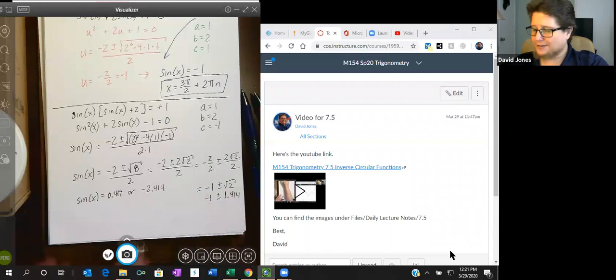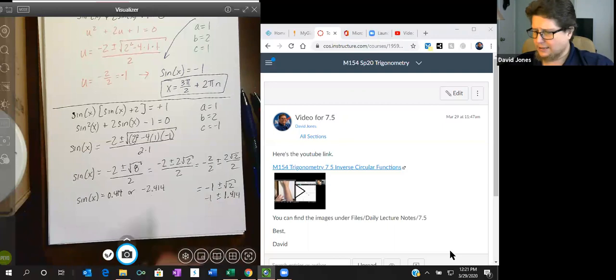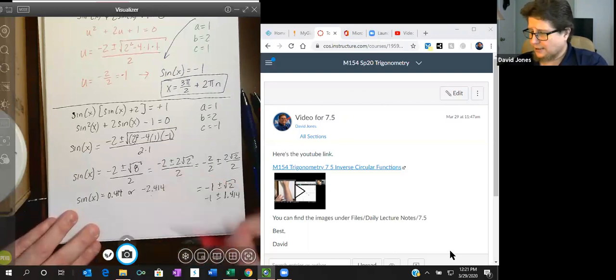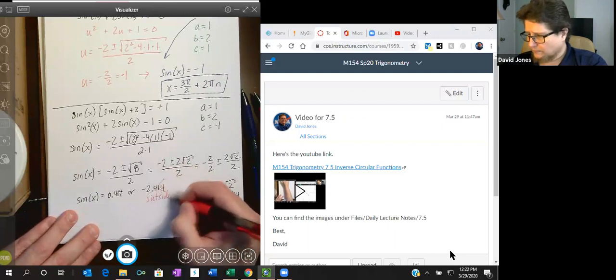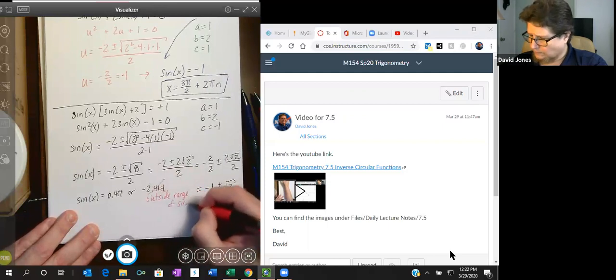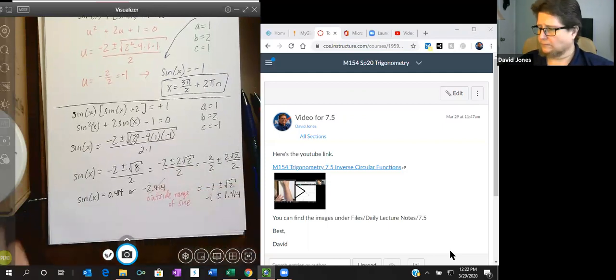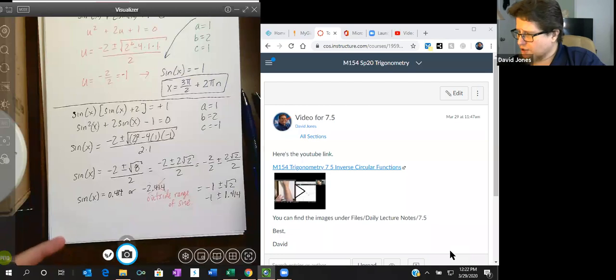Sine x is capped. Sine x is stuck between negative 1 and 1. This one is actually outside the range of sine. So we use our inverse notation again.